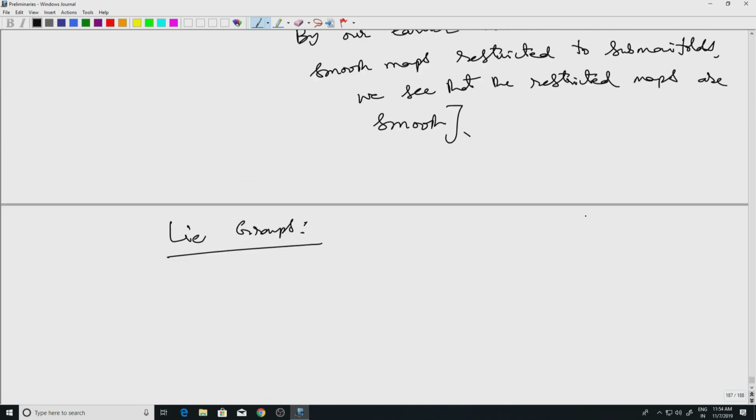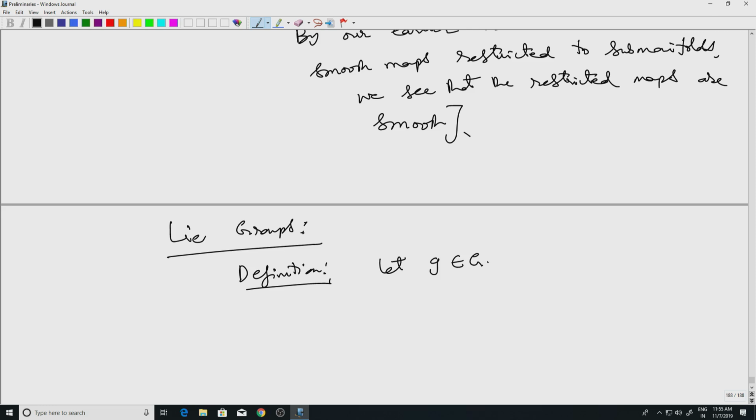Now in the context of vector fields, there is a special class of vector fields on a Lie group. So let's define that. To begin with, let us consider a definition. We take a group element g, small g.